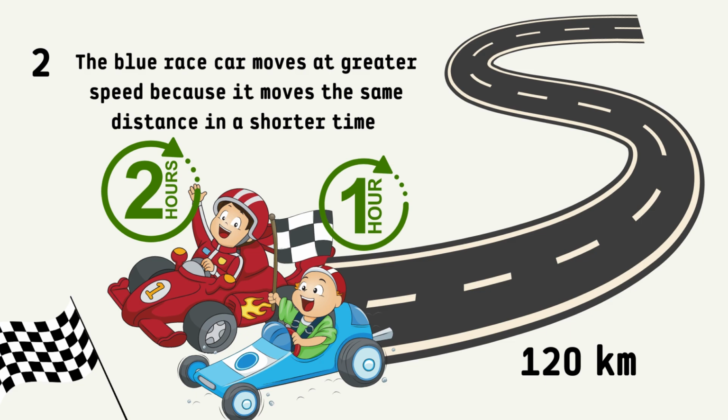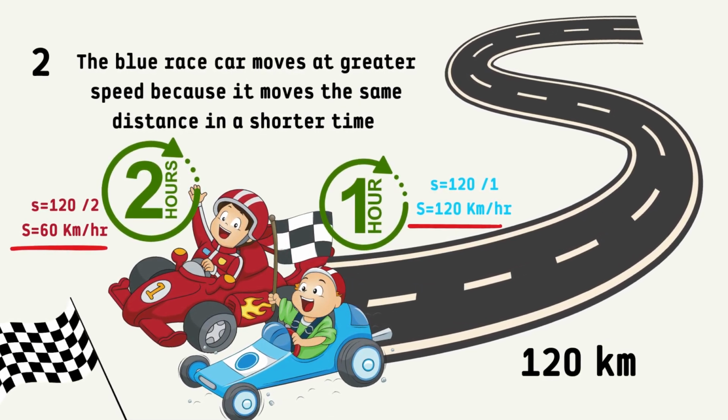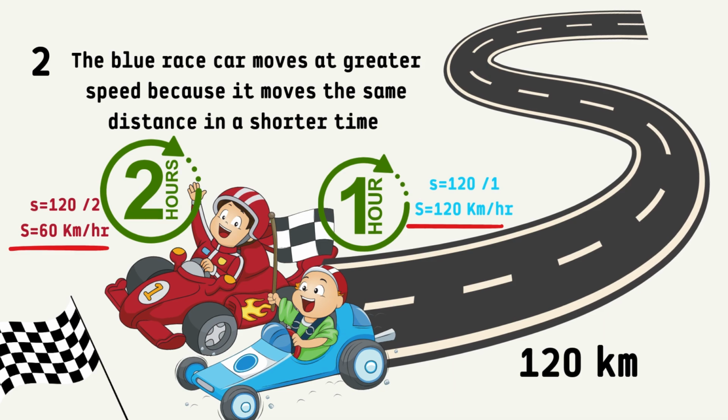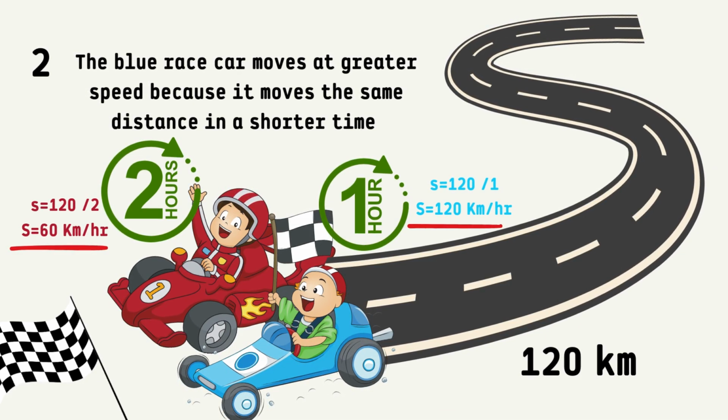Yes, we will calculate them. For the blue race car, the distance 120 kilometers divided by 1 hour, so the speed is 120 kilometers per hour. And for the red race car, we have the distance 120 kilometers divided by 2, so the speed here is 60 kilometers per hour.